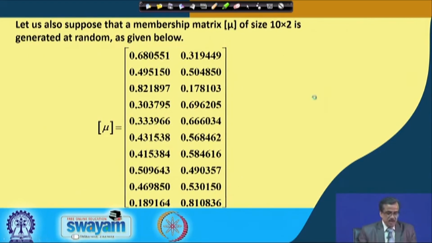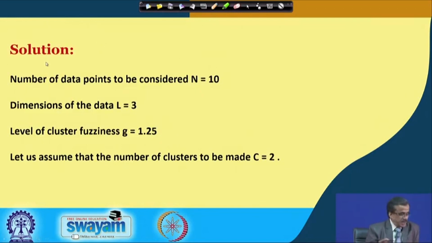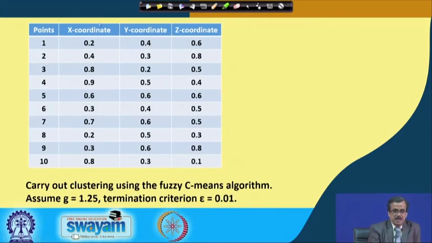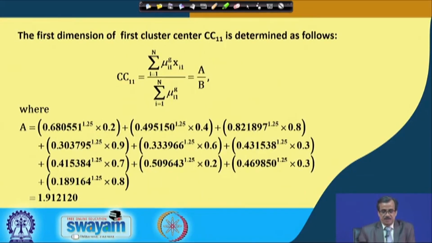Corresponding to the data points, if you see the first data point, the x dimension is 0.2, the second data point, the x dimension is 0.4, the third data point, the x dimension is 0.8 and so on. Now, I am just going to use all such information here.